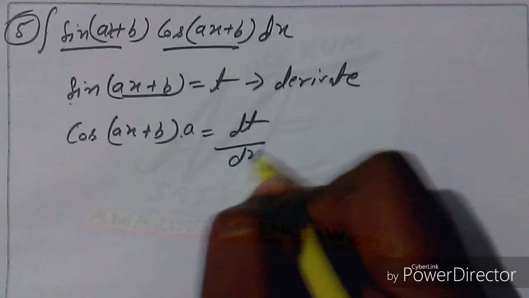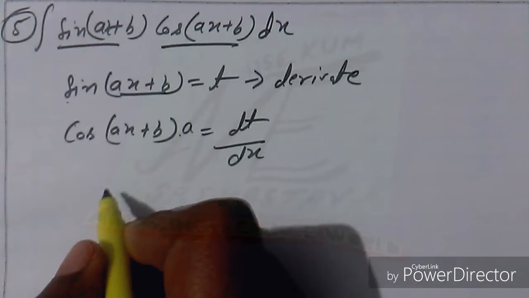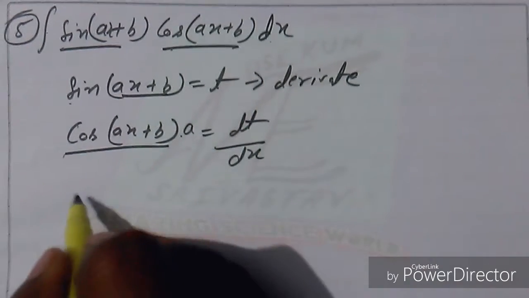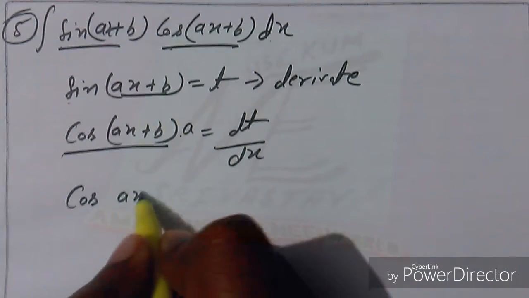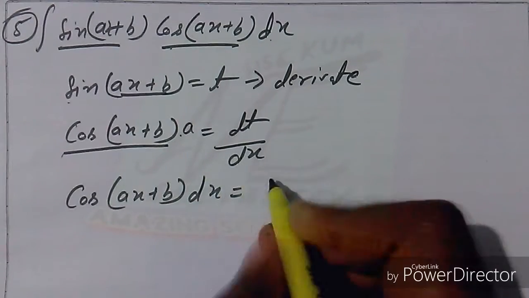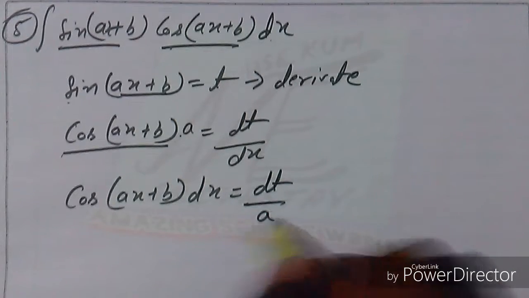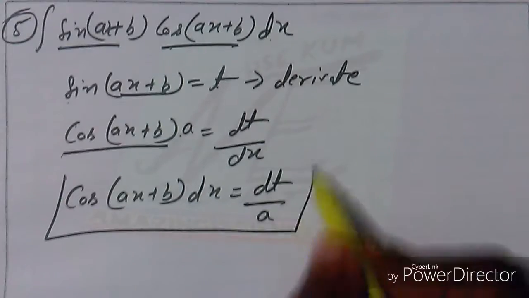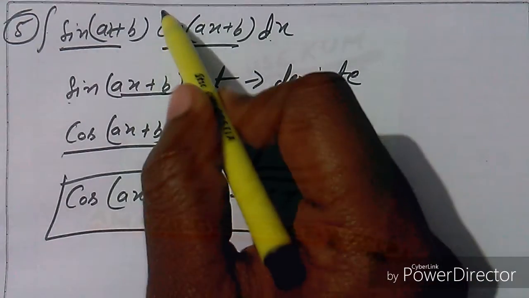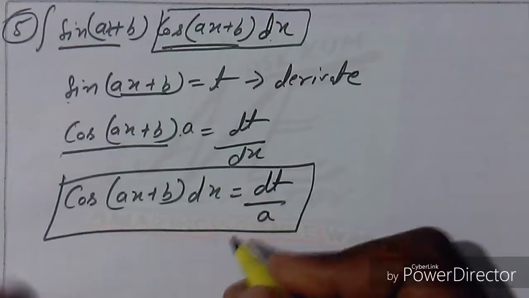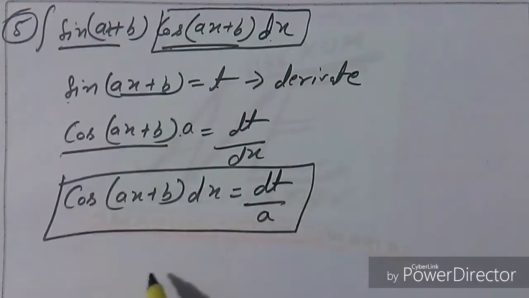Now cos(ax plus b) dx, I can write as dt by a, and we put that in its place. That is simple.